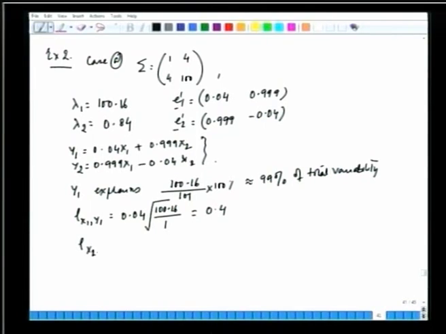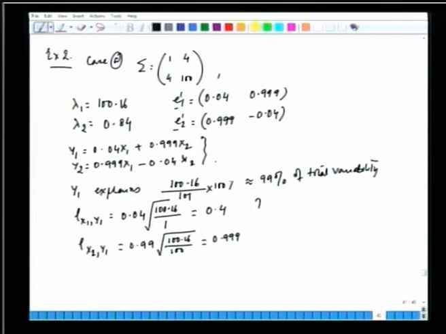And what about the correlation coefficient between y1 and x2? Well, this is now going to be 0.99. It's the first eigenvalue 100.16, but now it's the second variance sigma 22, and this is equal to 0.999.